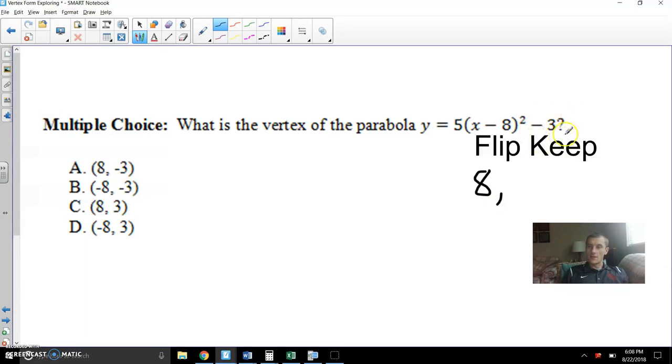Okay. And then this one, we kind of want to keep its sign because that is more of the up and down part that does follow its sign. Plus is up, minus is down. But it's this other one that's more dangerous that you really want to be careful with. And so go ahead and pick the right answer here. That represents the vertex point of where that would turn around.